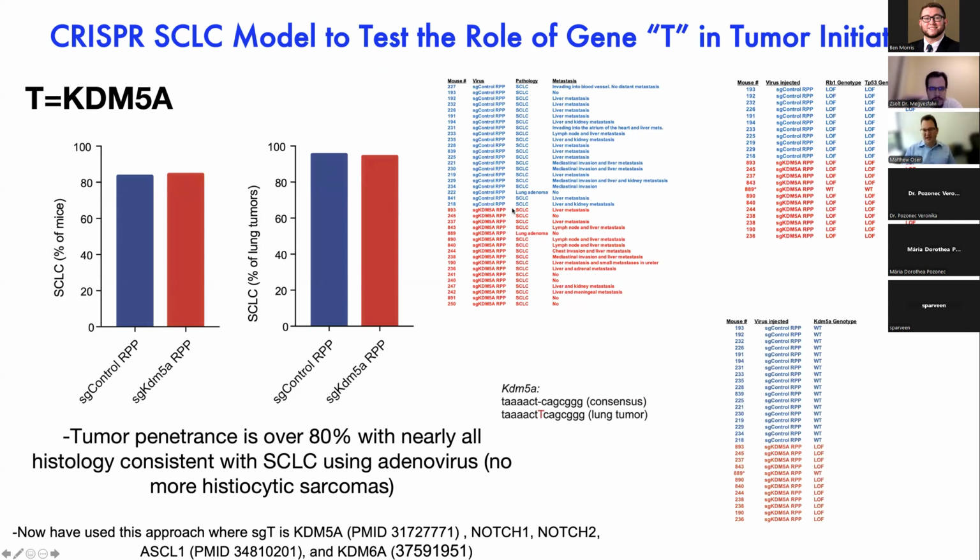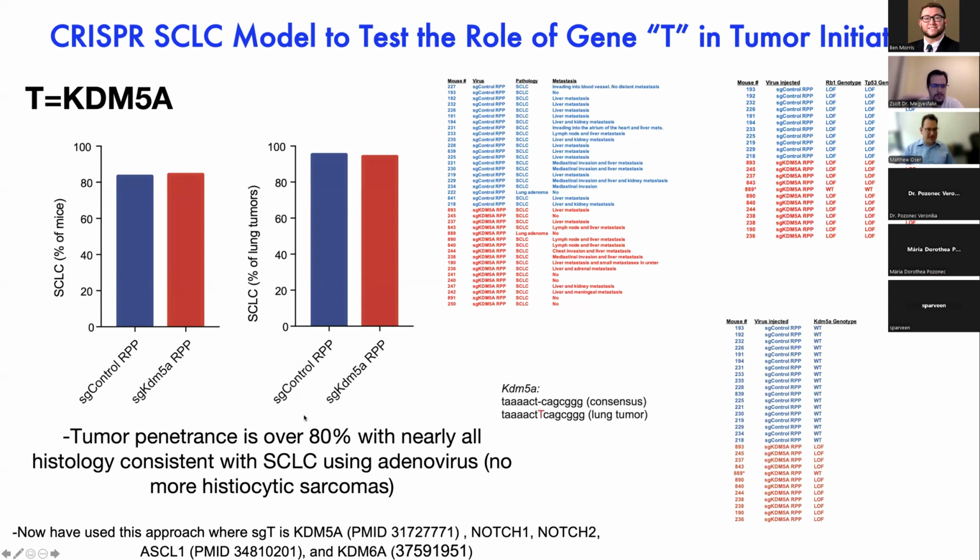And so we wanted to see what is the role of KDM5A in small cell tumorigenesis, but also characterize this as a proof of concept. Can we really understand how inactivating an additional target gene of interest may play out in this model?